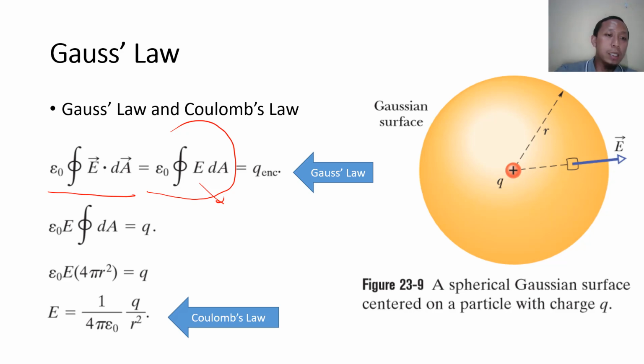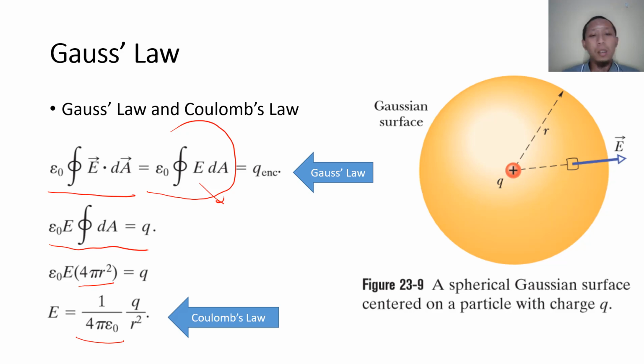If we put the Gaussian surface as a ball, the integral of dA is 4 pi r squared. So q enclosed is epsilon 0 E 4 pi r squared. So E is equal to 1 over 4 pi epsilon 0 dot q per r squared.